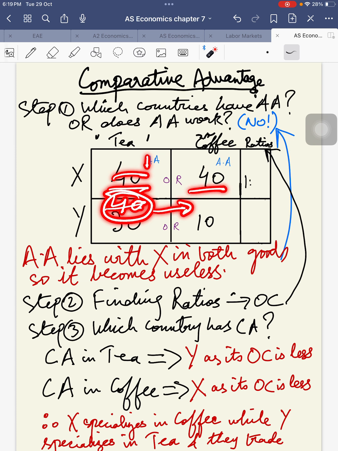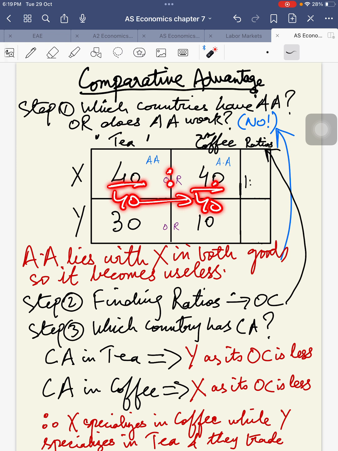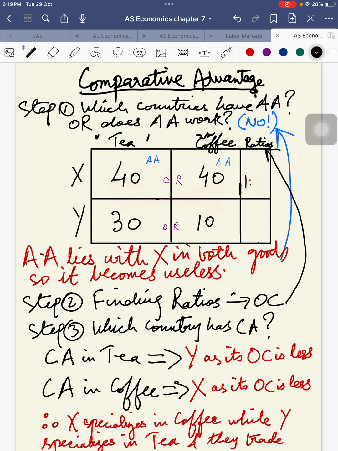Coincidentally, that same number is also 40. So not only am I dividing this side with 40, I'm also dividing this side with 40. So 40 is to 40 is now 1 is to 1, right? Don't worry, I'll tell you what this means. What does 1 is to 1 mean?